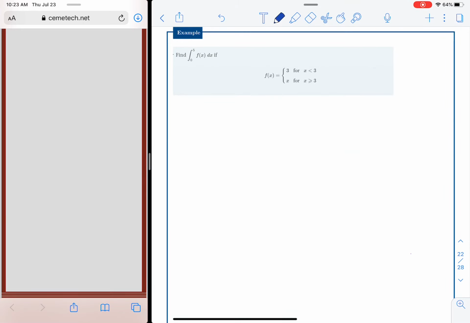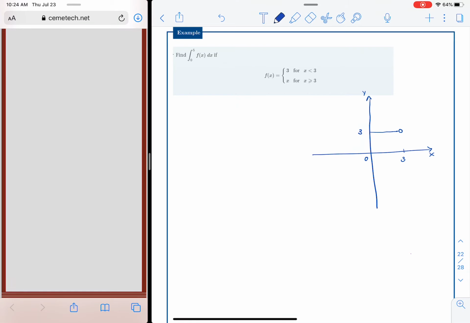Here we have to find the integral from 0 to 5 of f(x) dx, if f(x) is 3 for x less than 3, and it is simply x for x greater than or equal to 3. Graphing this piecewise function is the best way to go. So from 0 to 3, we have a horizontal line, and it doesn't include 3 for x less than 3.